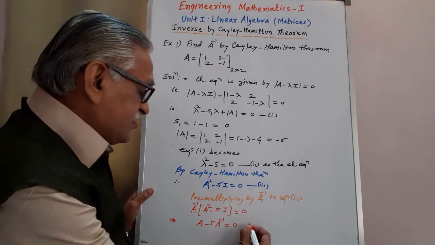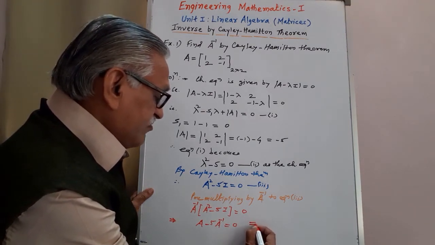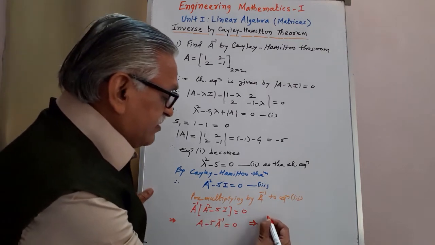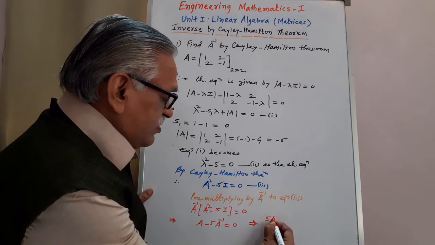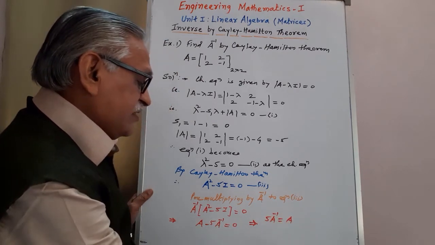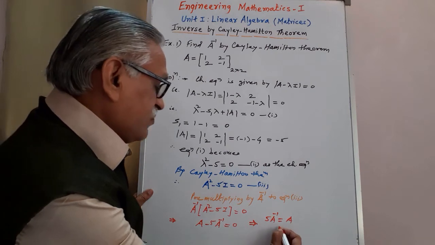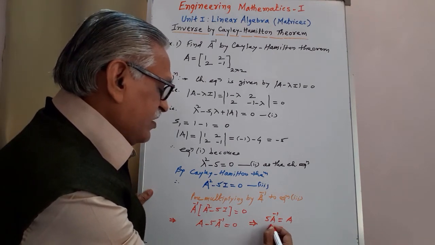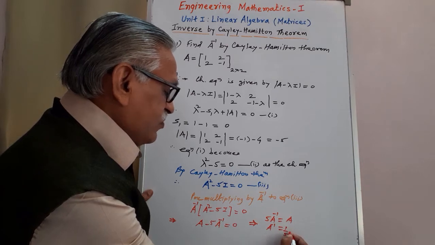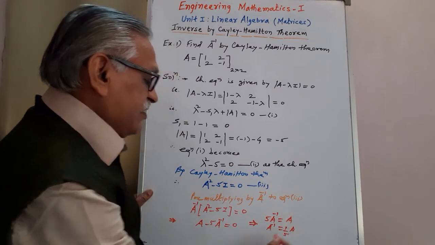It implies, transferring this to the right hand side, we get 5 A inverse equals A, and therefore A inverse equals 1 by 5 times A.